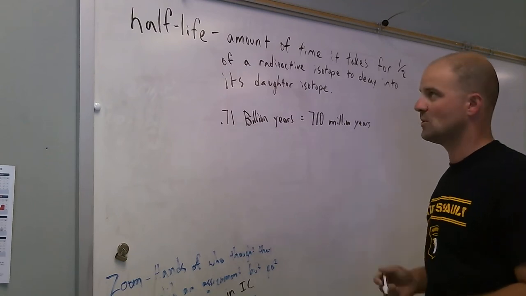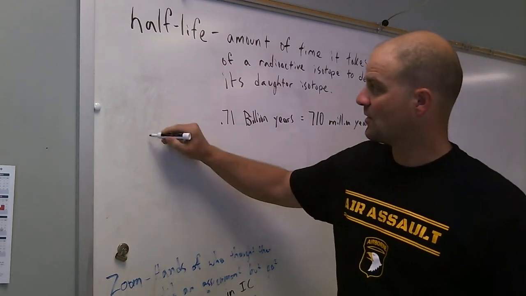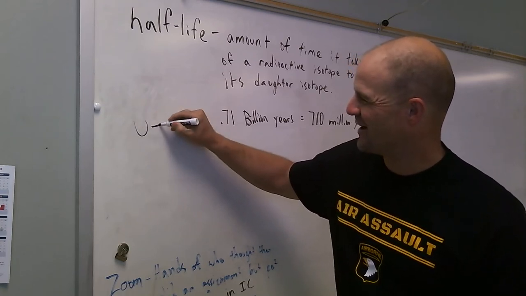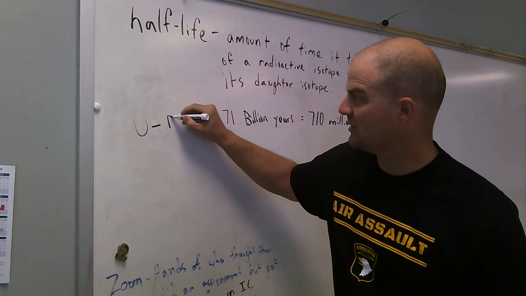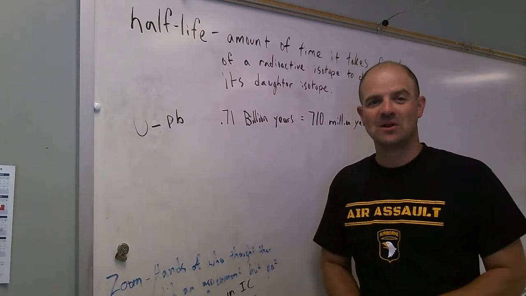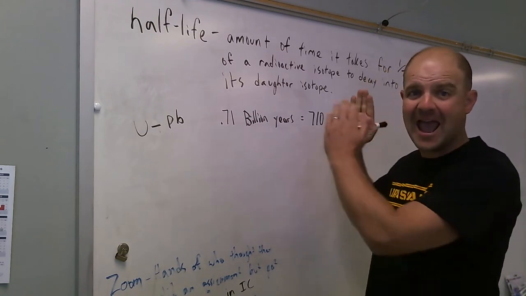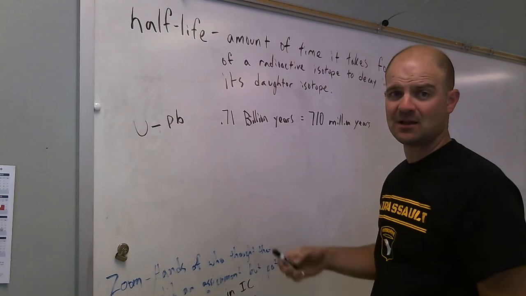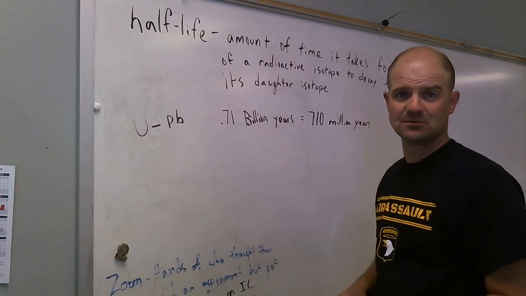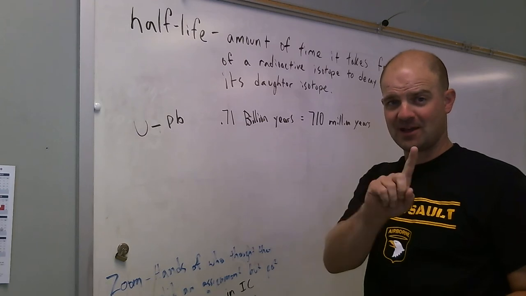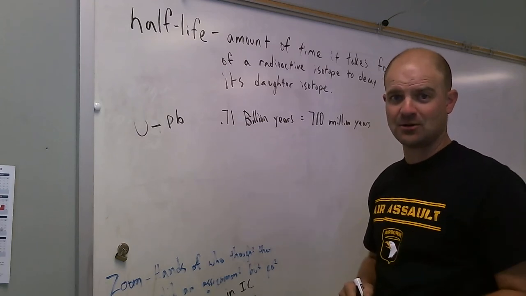Okay, so what that means is for uranium to lead, which is Pb, to get half of a sample of that uranium that's radioactive to decay into lead would take 710 million years.